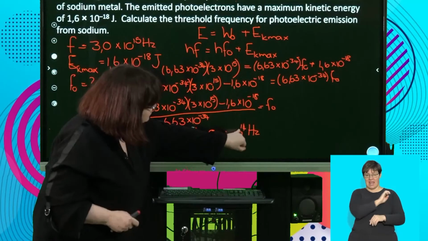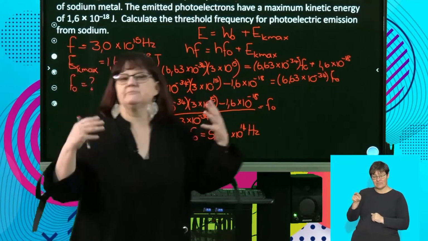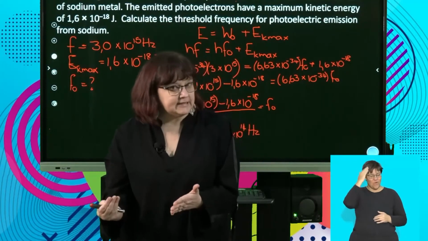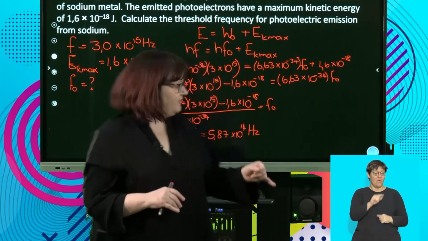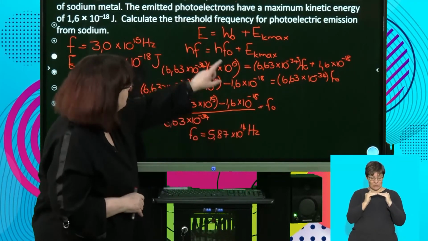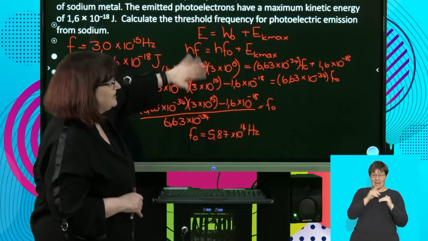If I got an answer here that was, say, times 10 to the 16, I know I've made a mistake. Because if this was times 10 to the 16, I'd end up with a negative somewhere here.